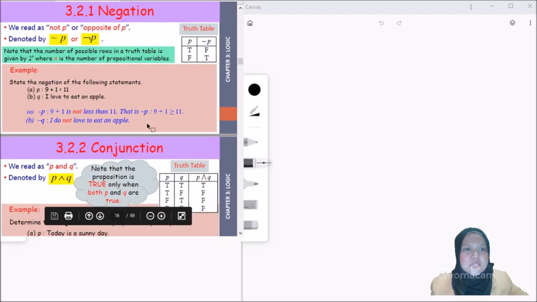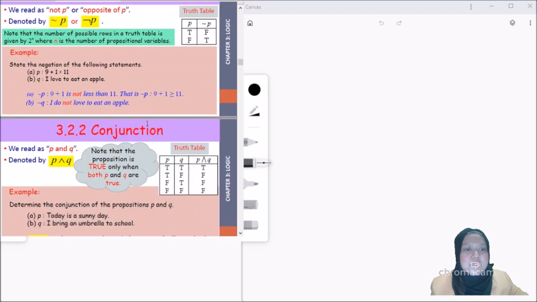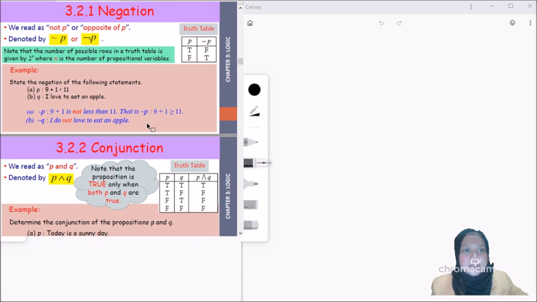Let's go to the first type of logical connective, that is negation.